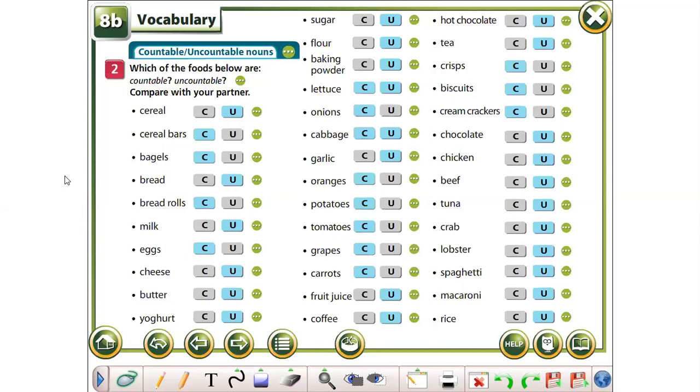Yes. And in my kitchen, I have some eggs. Some eggs and some lettuce. Okay, very good.